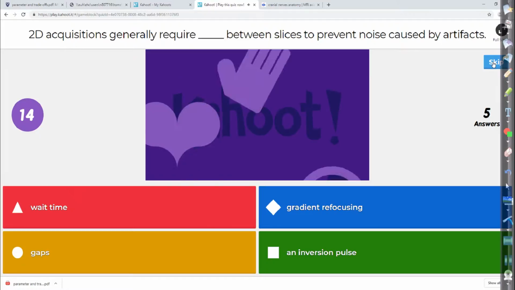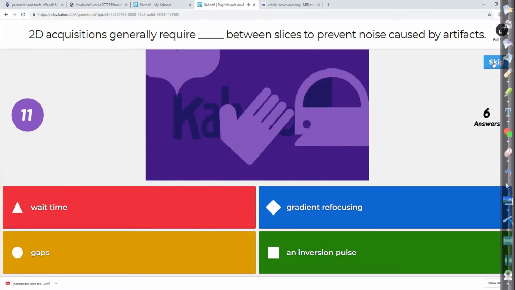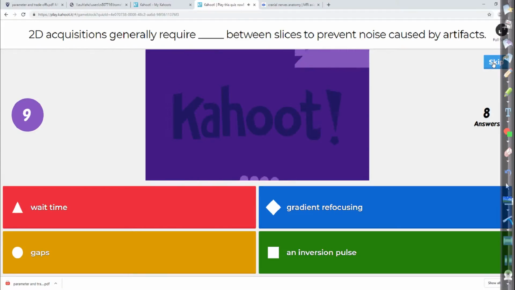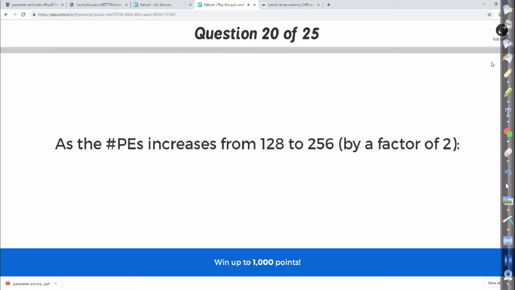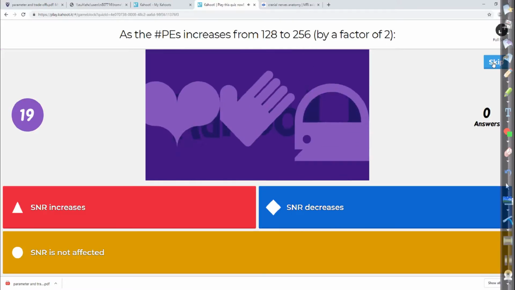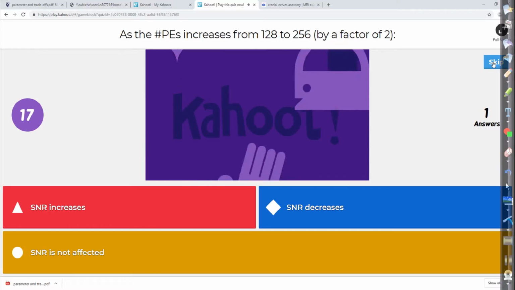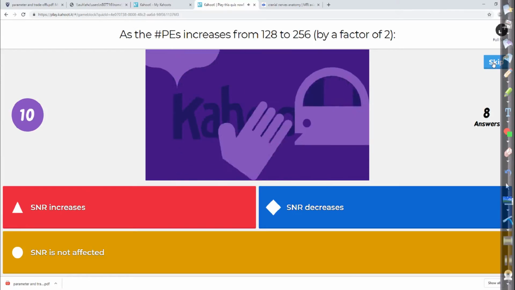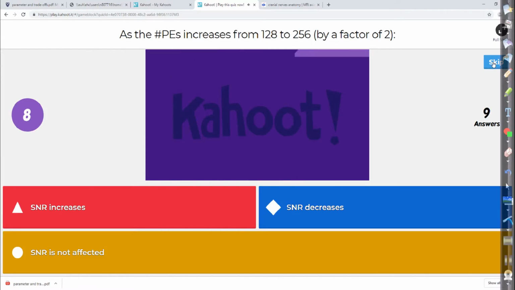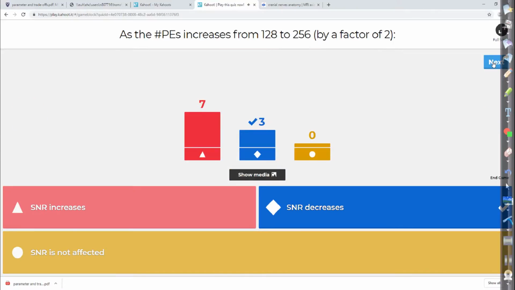This goes back to our last unit on brain. SNR decreases, so our pixel dimensions are getting smaller.